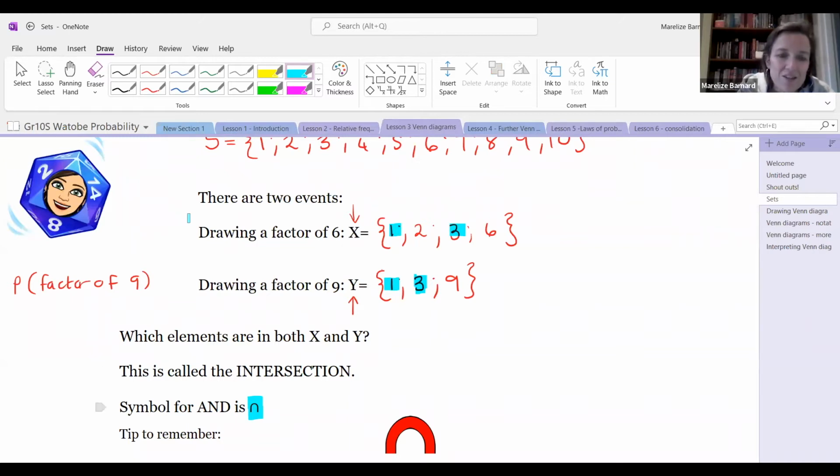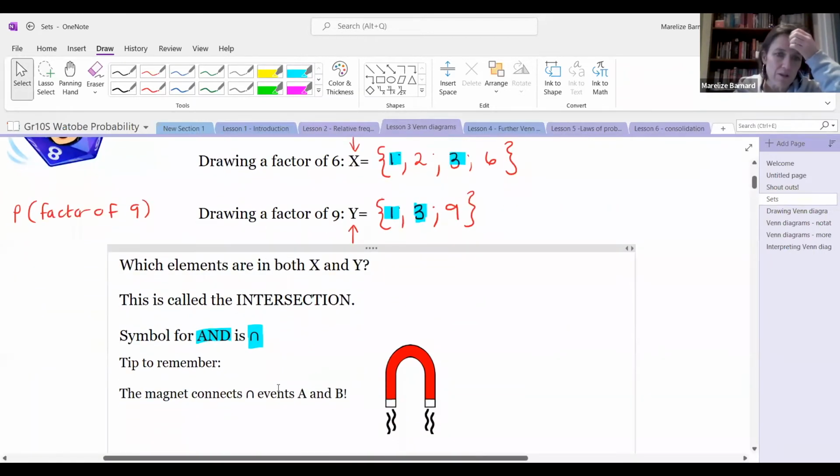So intersection is about the word and, meaning overlap. They have something in common, there's intersection, and we use that symbol for it.